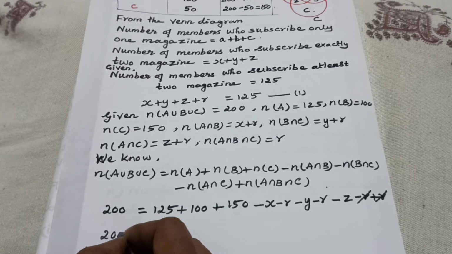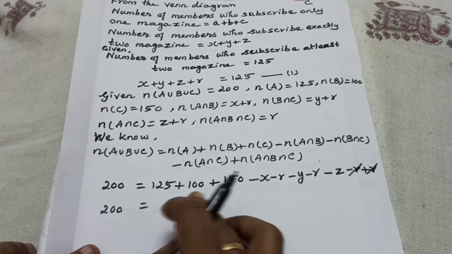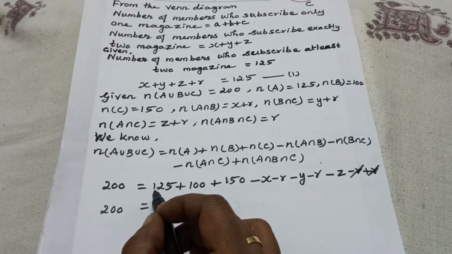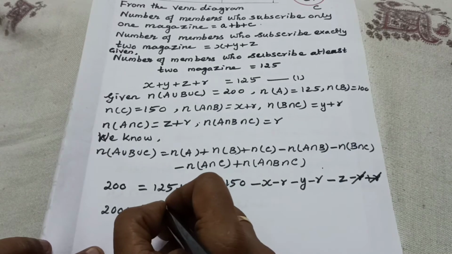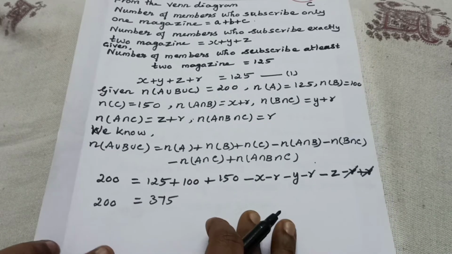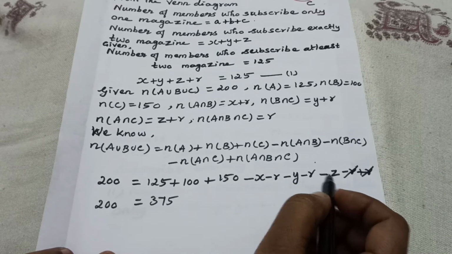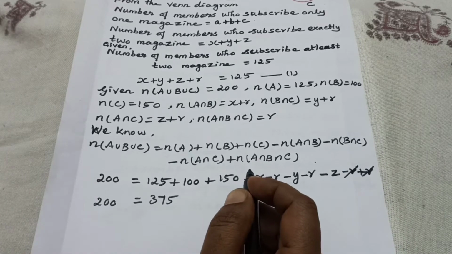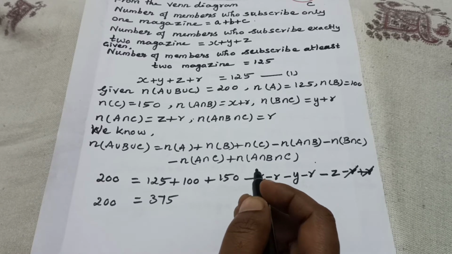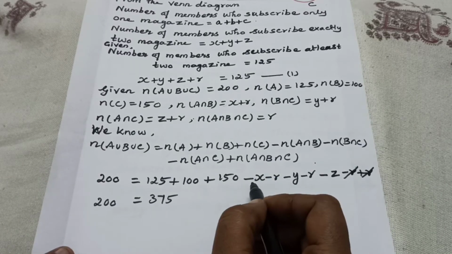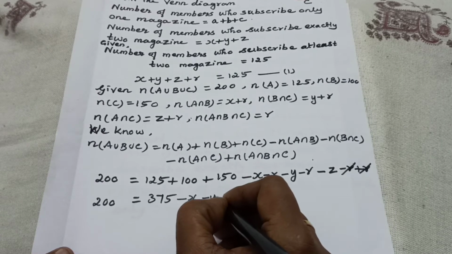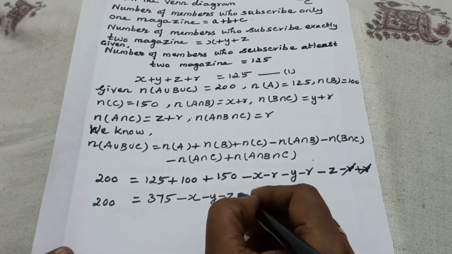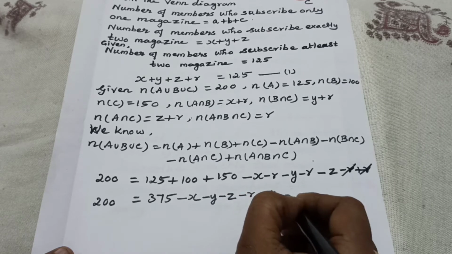Here 200 is equal to, then everything add it. 100, here 225, 325, then 375, isn't it? 375, then minus this value we have together we can write. Minus X minus Y minus Z, then minus R minus R, isn't it?